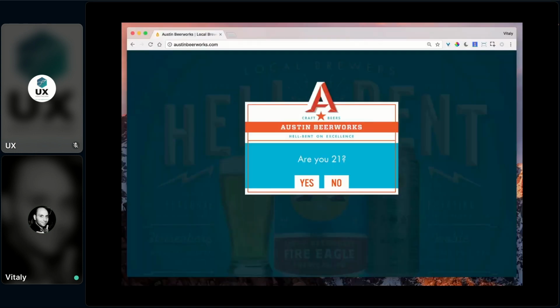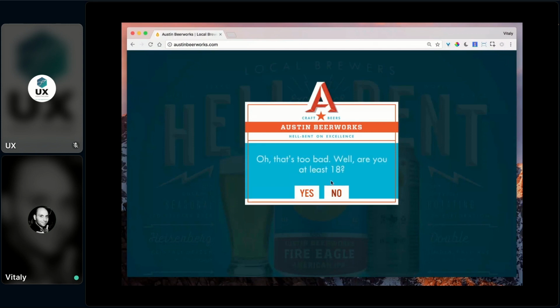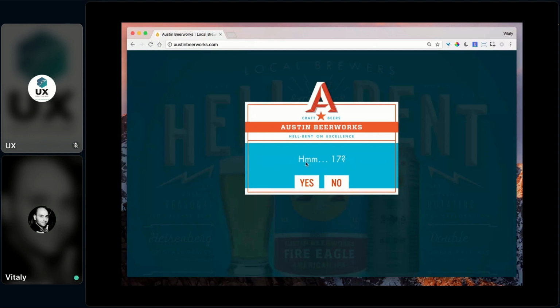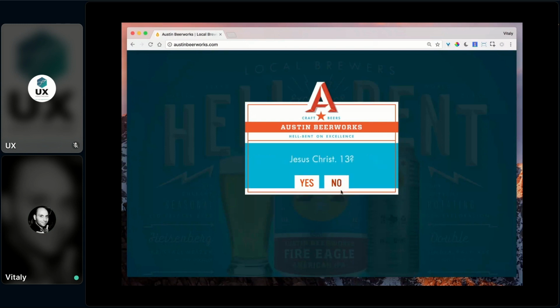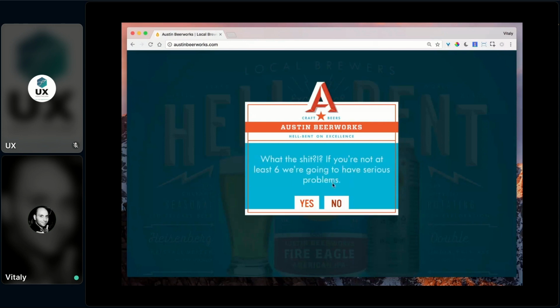So this is Austin Beer Works. You go on the site and it asks, are you 21 or not? And if you say you are, then you just enter the site. But if not, well, let's have a conversation. It's relatively easy to do. And it keeps going and going.